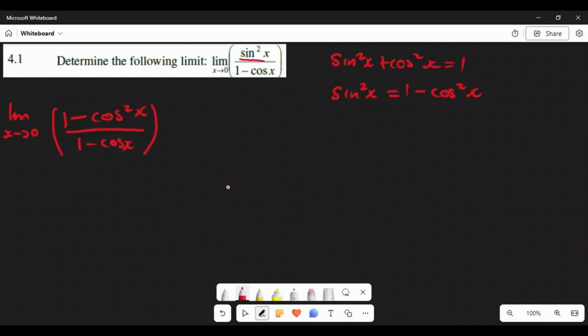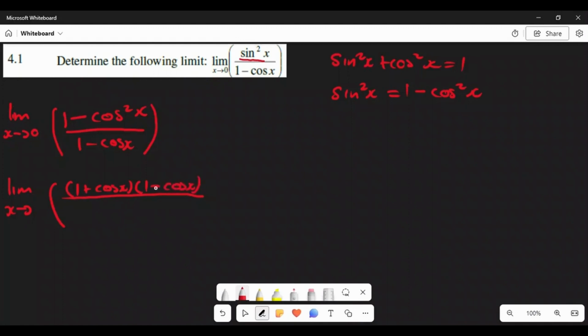So guys, you have to be careful when you do such problems. Now when you look at the same numerator that we have here, we have 1 minus cos squared x. This here, guys, is a difference of 2 squares. So let's solve this further. If you continue like this, you're going to have the following: 1 plus cos x, then the second bracket is going to be 1 minus cos x.